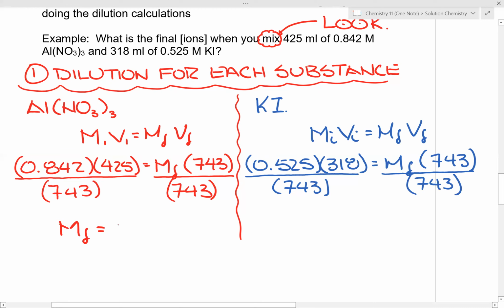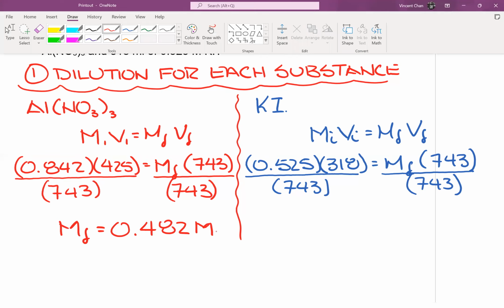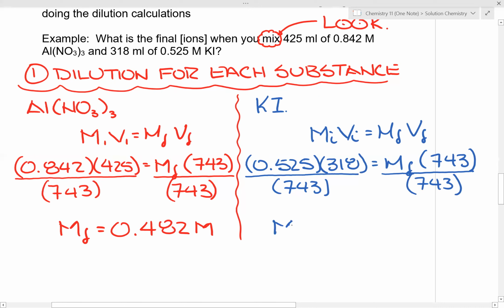So I get 0.482 molarity. And for KI, your final molarity would be 0.525 times 318 divided by 743. You would get 0.225.